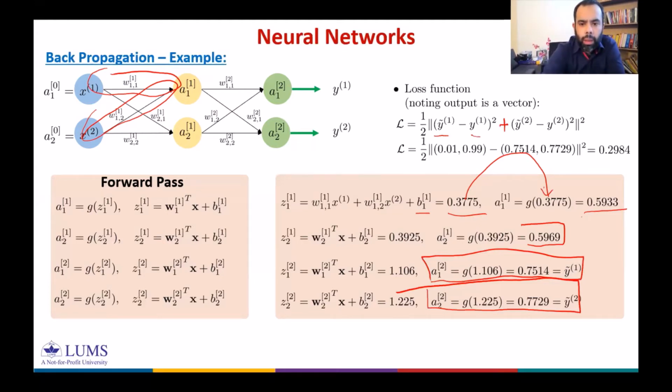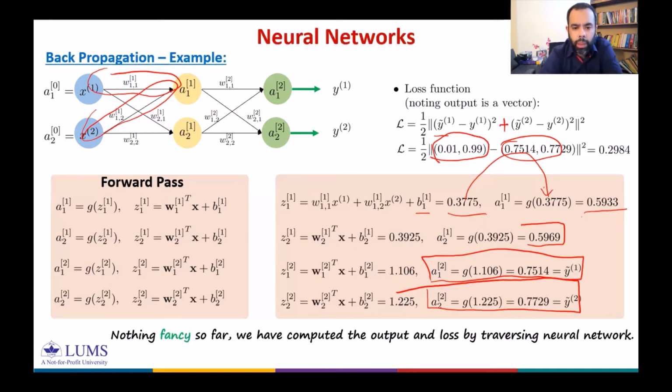When we compute using the vector form and take the Euclidean norm of this vector, we get 0.2984. So this is my loss. Nothing fancy so far. We have simply computed the output and loss by traversing the network using a forward pass, right? And now we know the loss.